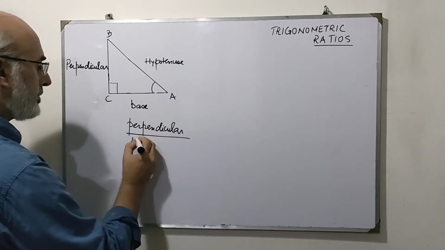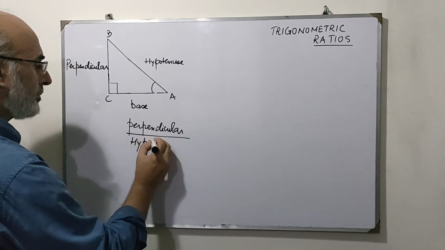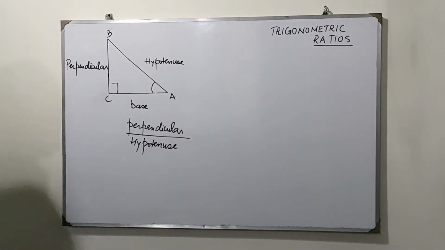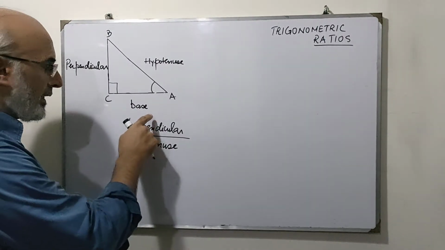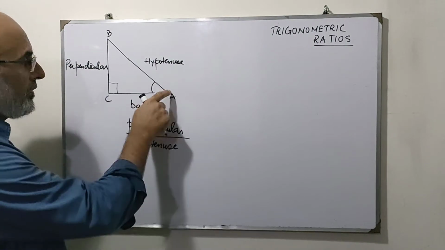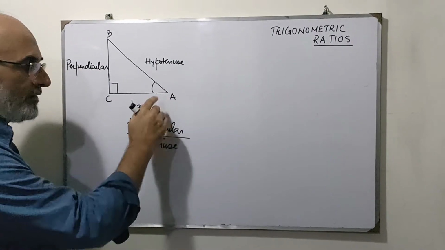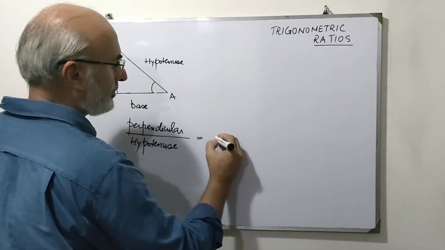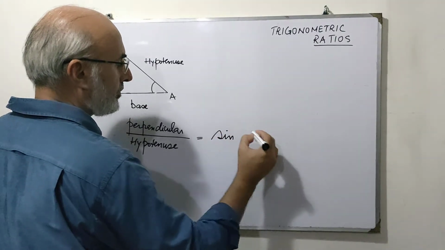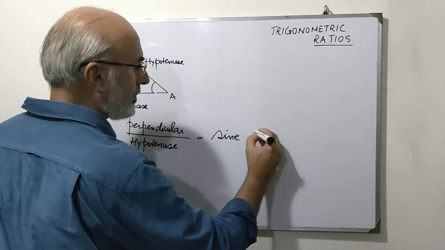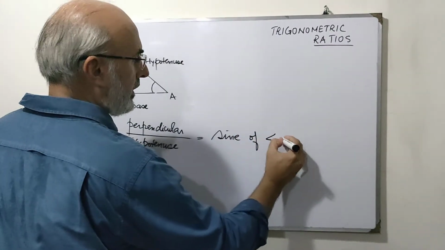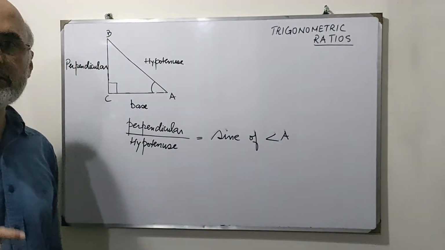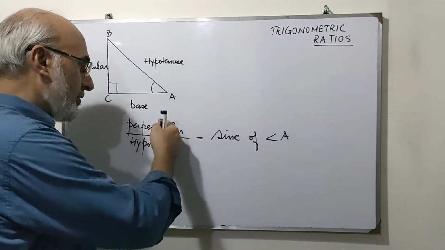This ratio, perpendicular over hypotenuse, with reference to this angle A, is known as sine of angle A. Sine is the name for this ratio.